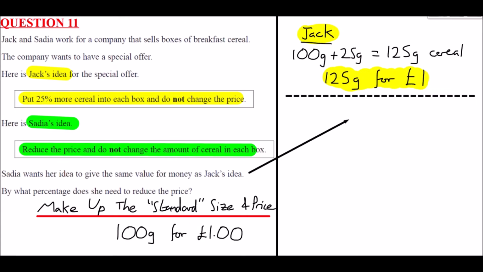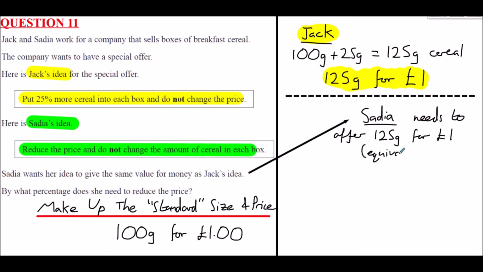Okay, so for it to have the same value for money, Sadia needs to offer 125 grams for £1. She wants to be equivalent to that, because she wants to be the same value for money. So we can use this value for money as 125 grams for £1.